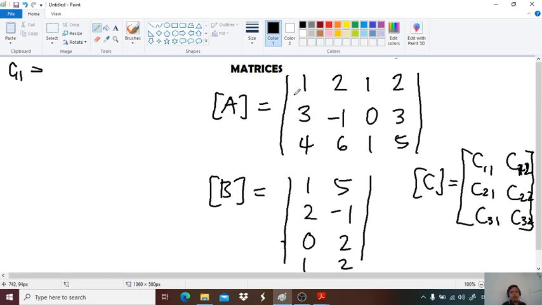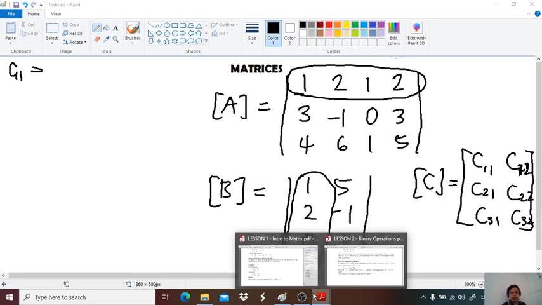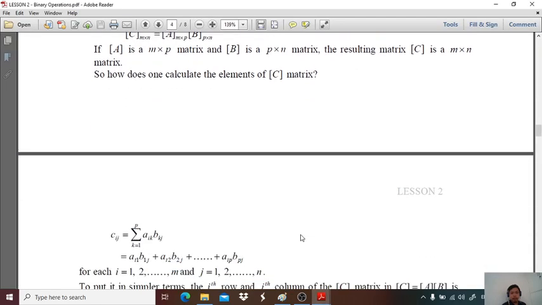So this is the first row of A and the first column of B. So we have to multiply and add. So this is the rule.